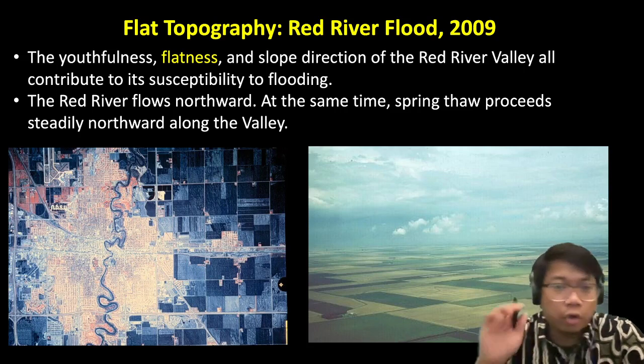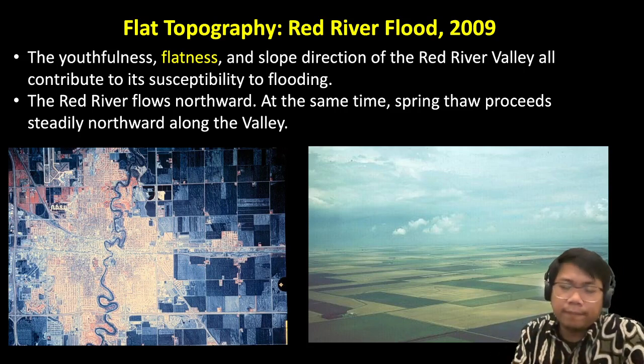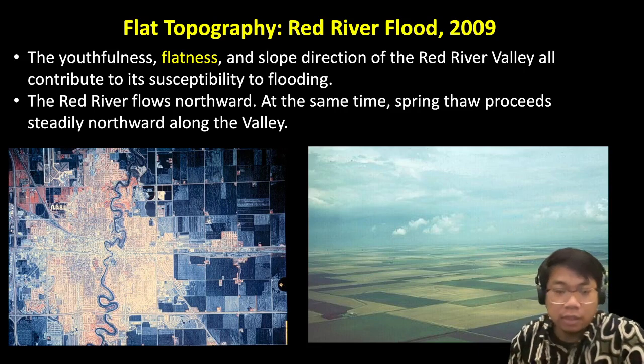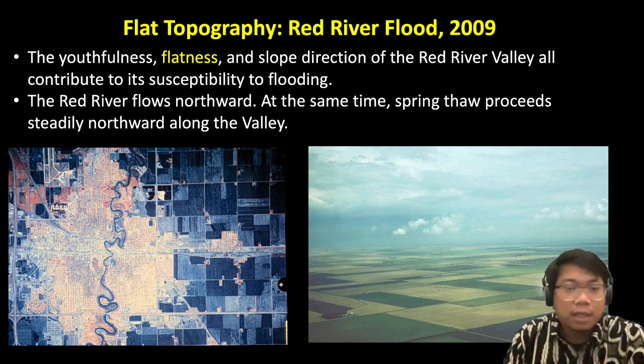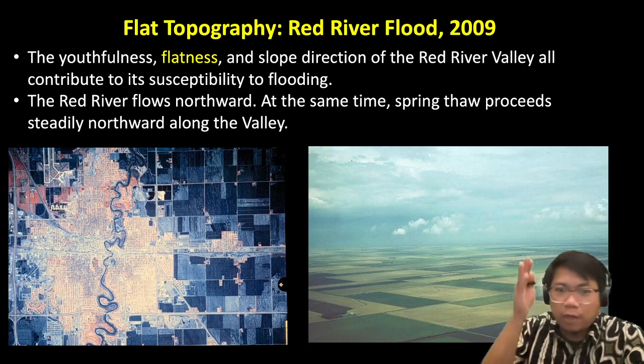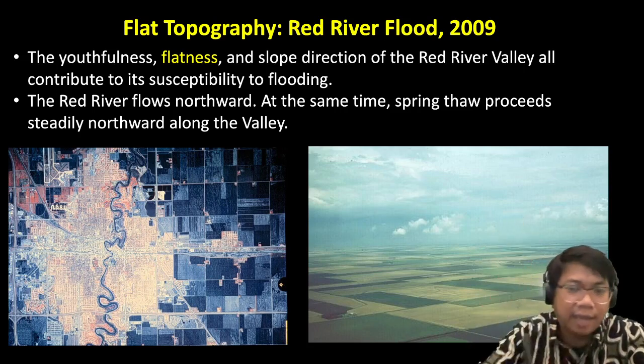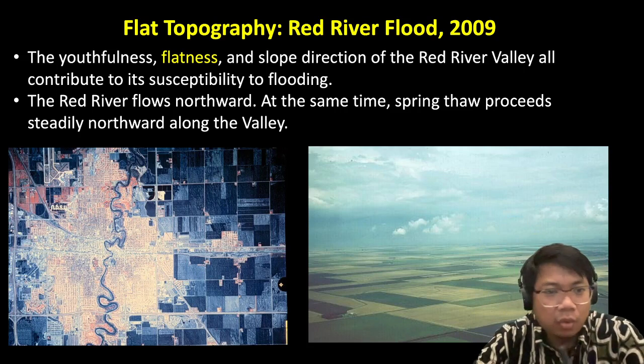The Red River flows northward. For example, we know that the Mississippi River flows southward all the way into the Gulf of Mexico in the south. But the Red River is a little bit unique because it flows northward. So the downstream part of it is in the Great Lakes region in the north.